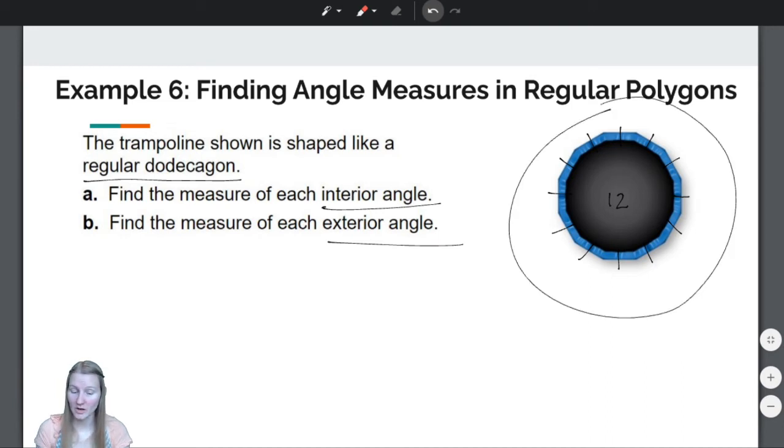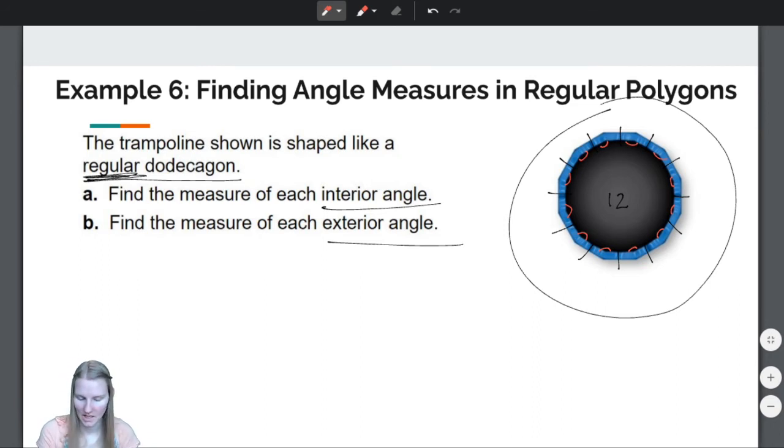These tick marks that I've drawn are congruency tick marks. Because it is a regular polygon, all the sides are the same, and all of the angles are the same. It is equilateral and equiangular.